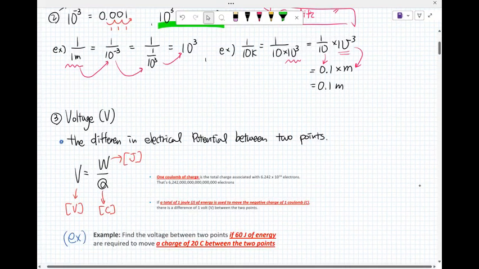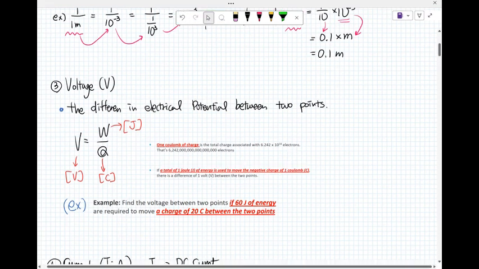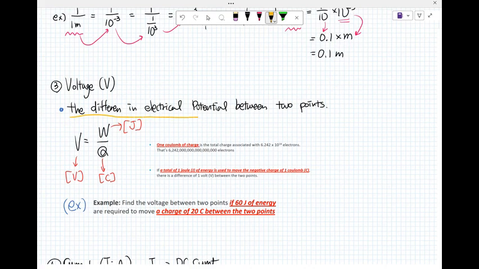All right, to understand Ohm's law, we have to learn 3 basic concepts: voltage, current, and resistor. So voltage is the potential difference between 2 points, okay?